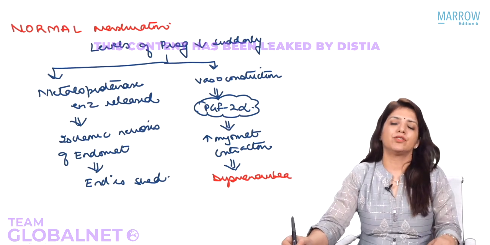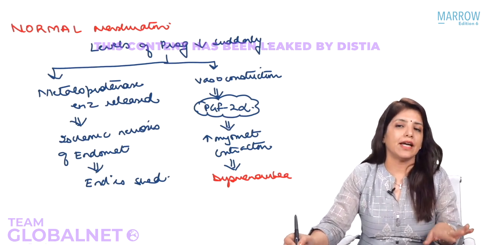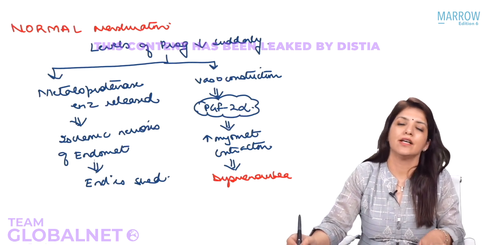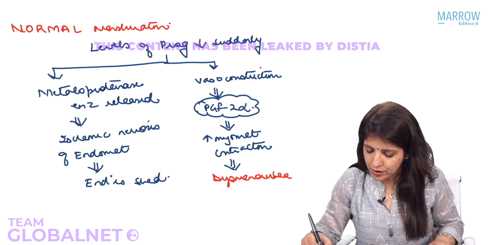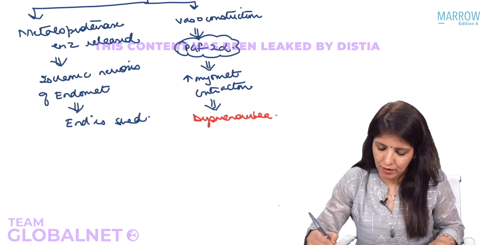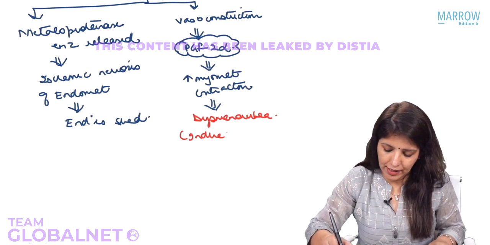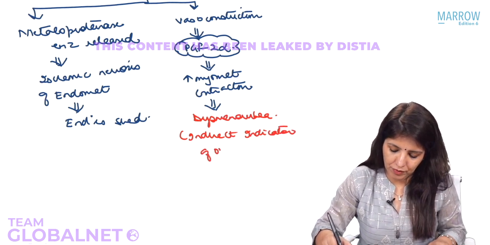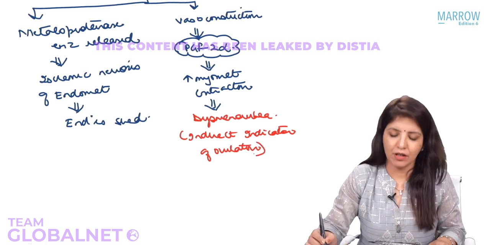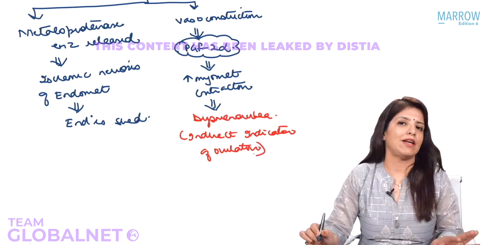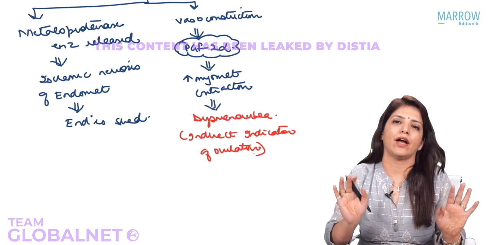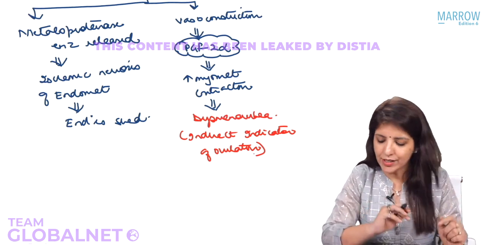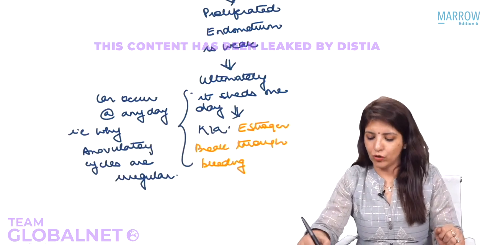In other words, dysmenorrhea tells us indirectly that initially the progesterone levels were high and now they have decreased. In other words, dysmenorrhea is an indirect indicator that ovulation has occurred. Right? So whenever a female is complaining of dysmenorrhea, one thing I know is that yes, her cycles are ovulatory cycles. Right? Now, what happens in anovulatory cycles?